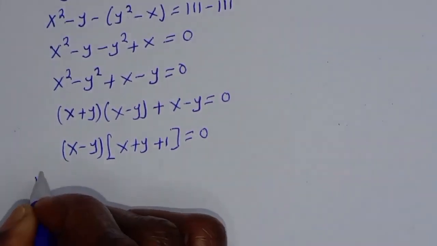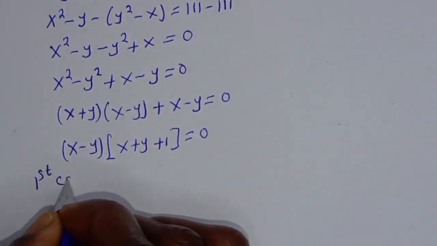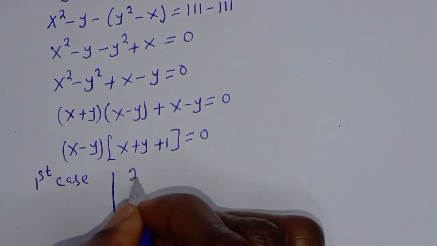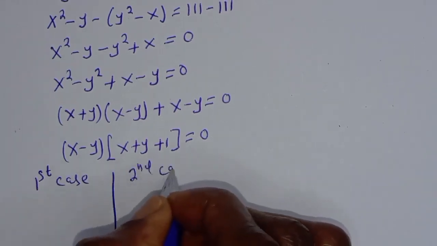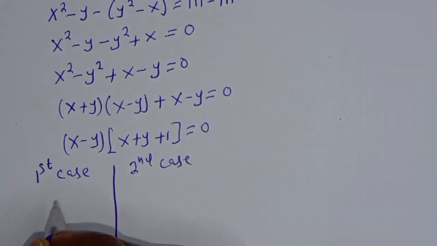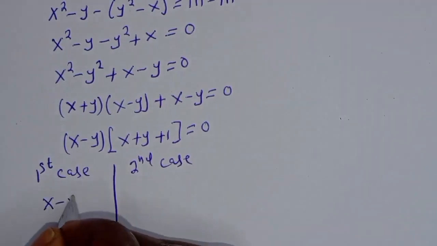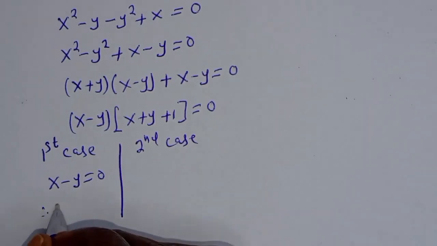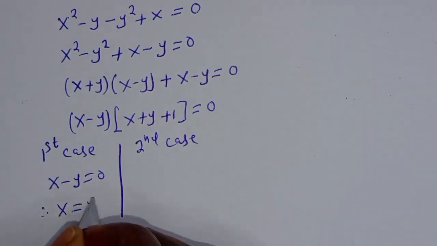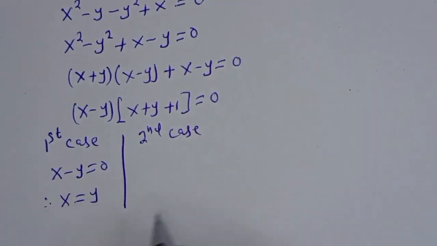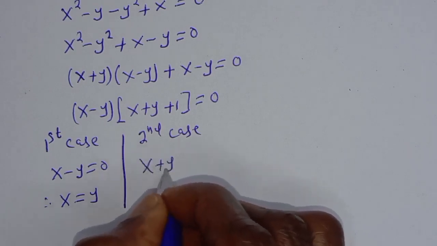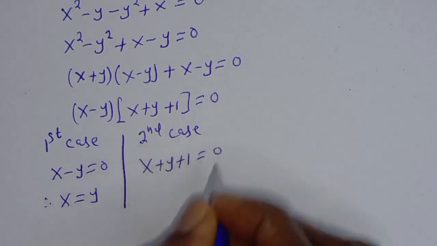The first case is x minus y is equal to 0, therefore x is equal to y. And the second case is x plus y plus 1 is equal to 0.